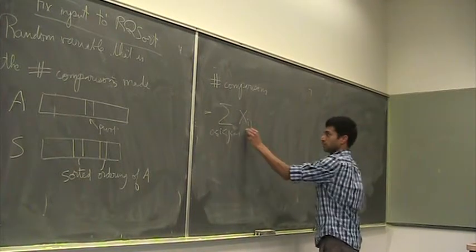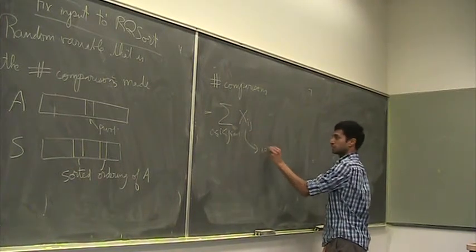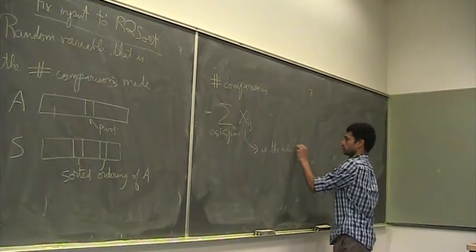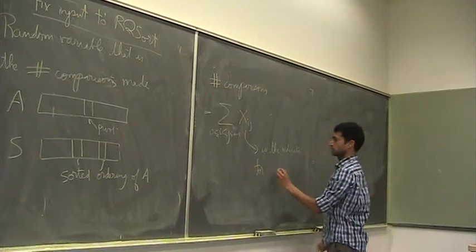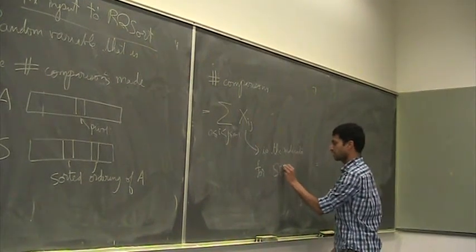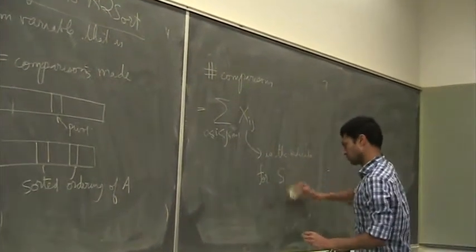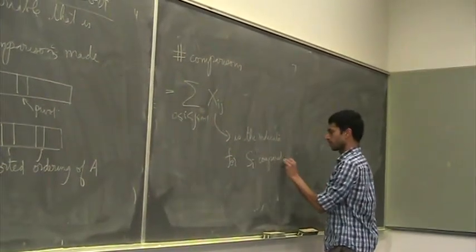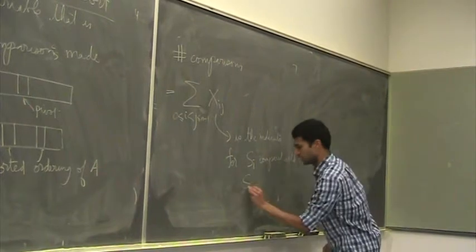xij, where xij is the indicator for Si, I'm going to write this as a subscript, Si compared with Sj.